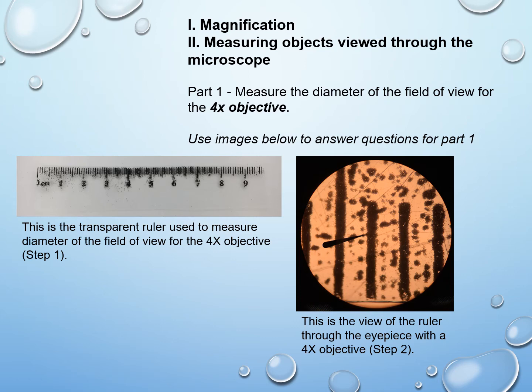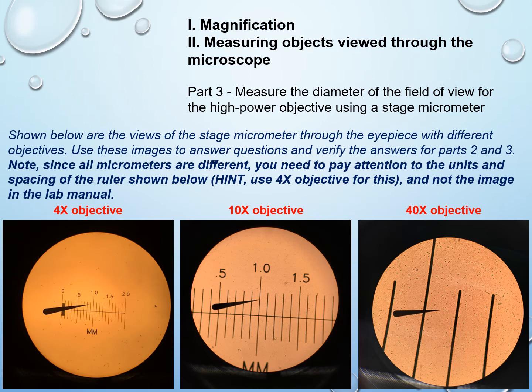As you go higher in magnification, if you continue looking at the ruler, first of all, your image will be very fuzzy, but also you will start not being able to tell how many spaces you actually have, just because the tick marks are positioned too far apart for the higher objectives. So what we use instead is this micrometer slide, which you saw Emily use in the beginning of the microscope demo.